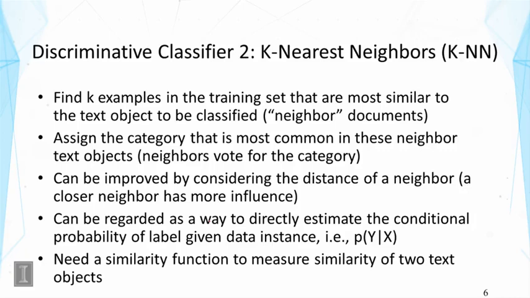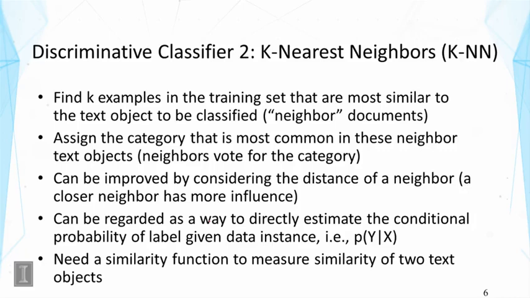In this approach, we're going to also estimate the conditional probability of label given data, but in a very different way. So the idea is to keep all the training examples, and then once we see a text object that we want to classify, we're going to find the k examples in the training set that are most similar to this text object. Basically, this is to find the neighbors of this text object in the training data set.